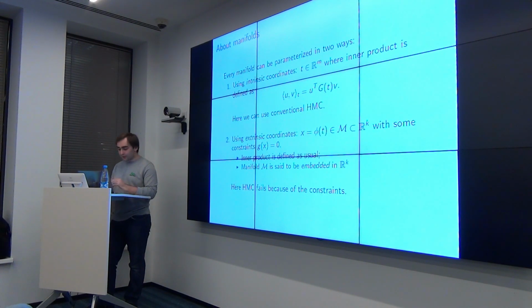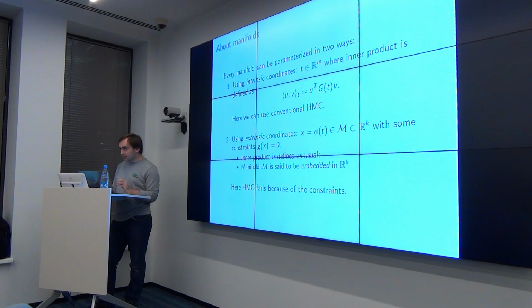So, yeah, this slide is just what I said. The important thing is that for the intrinsic coordinates, conventional HMC can be used because there are no constraints and the leapfrog works like everywhere else.